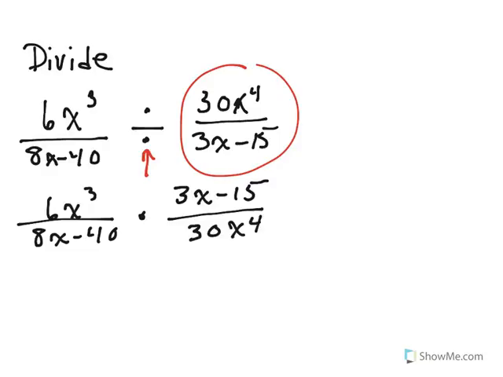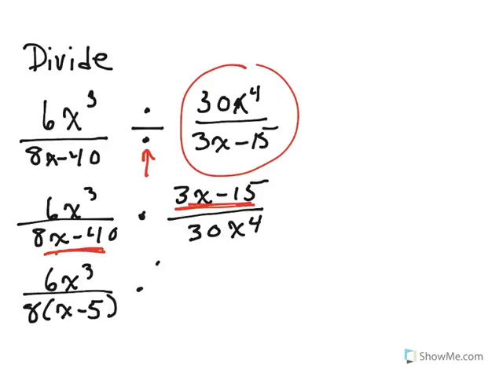Now we want to reduce to lowest terms and then multiply. But in order to reduce, I must first factor this denominator. So that's going to give me 6x to the third over, pull an 8 out, leaving x minus 5 in parentheses. I must also factor this numerator. I can pull a 3 out, leaving x minus 5 in parentheses.